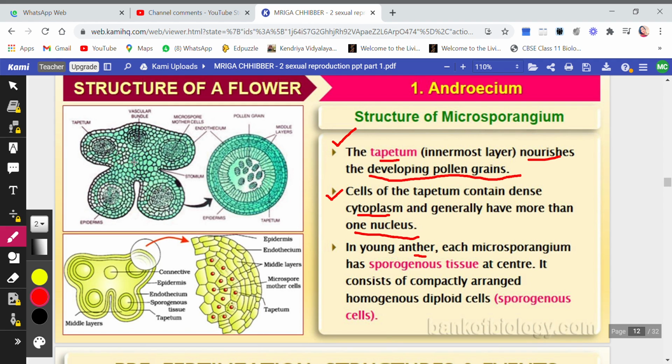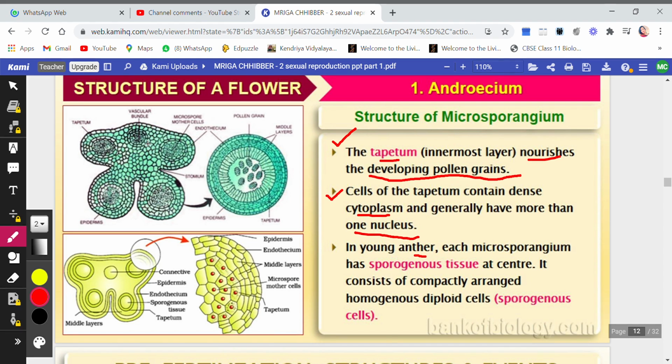That means all of them are almost the same in structure and function, compactly arranged with no intercellular space, and they fill up the center of the microsporangium like packaging material. So in a young anther, each microsporangium has sporogenous tissue at the center.